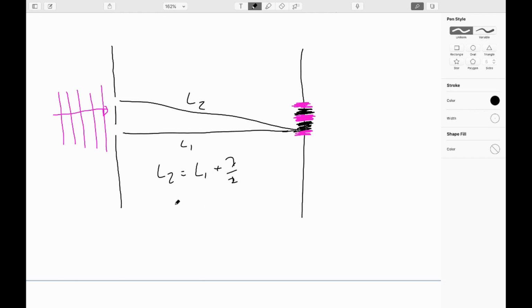So that would again satisfy our criterion for destructive interference, that the absolute value of L1 minus L2 be equal to some integer plus 1/2 of a wavelength. In this case, again, the integer would be 0.